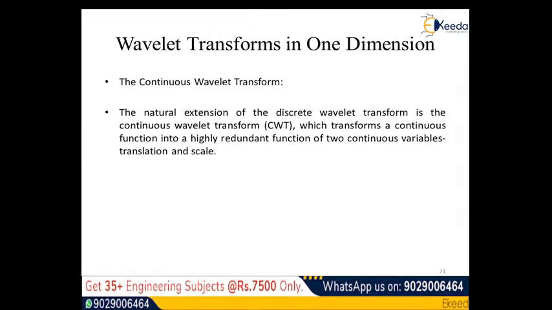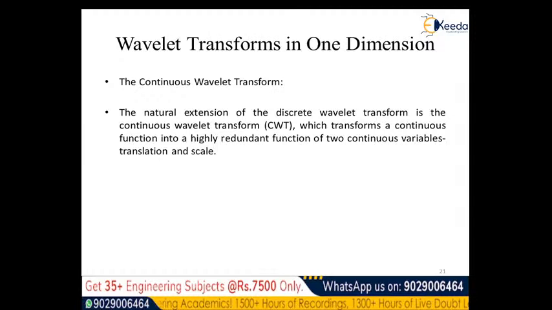Here the CWT will transform a continuous function into a highly redundant function of two continuous variables: the translation and the scaling. These are the two operations, translation and scaling, and they are operated along with the use of the scaling function and the wavelet function.